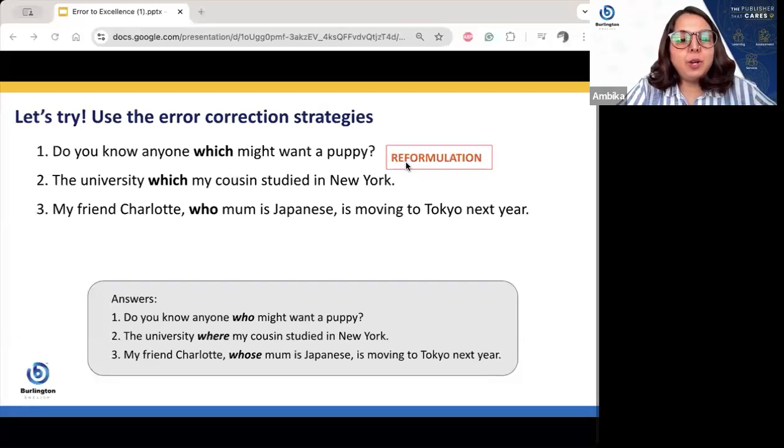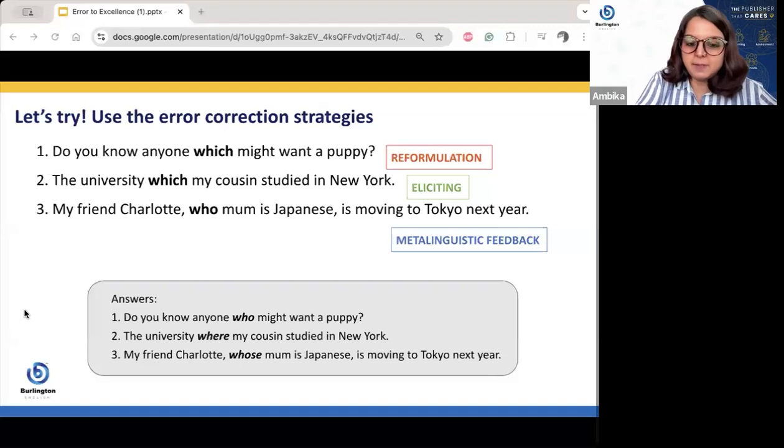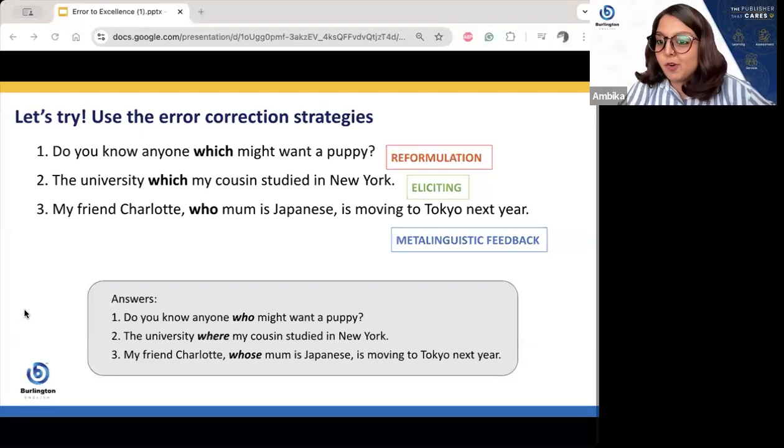Okay. So the second one, I would like you to tell me how will we use eliciting for this. Eliciting is basically clarifying and asking. So, pausing and asking, what kind of a question do you think would be appropriate for number 2? While eliciting, what should we do?